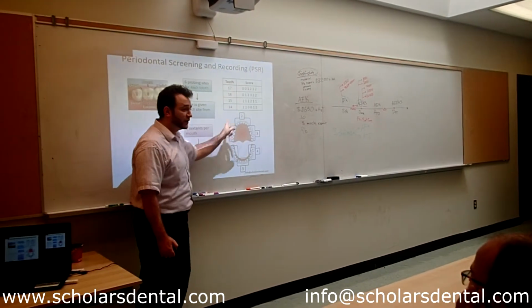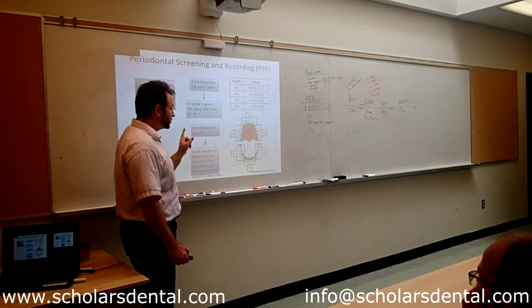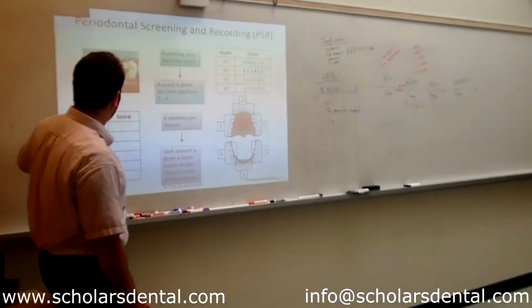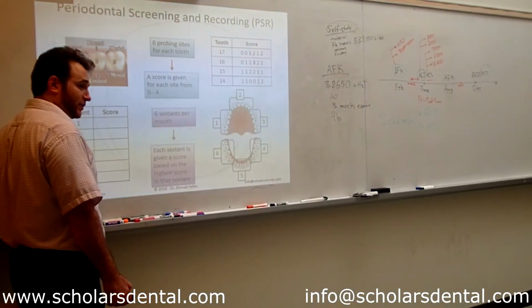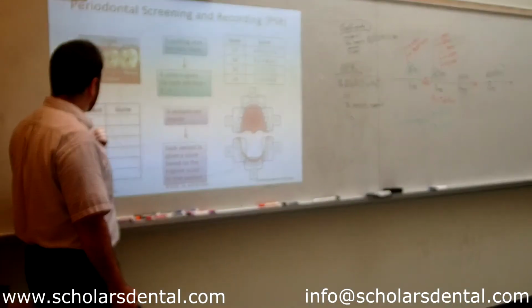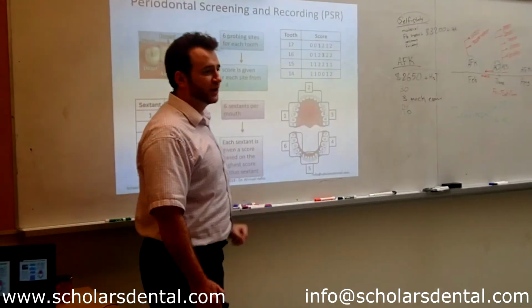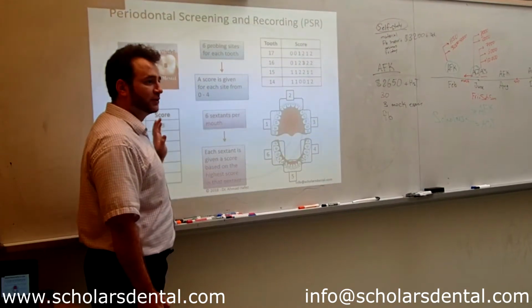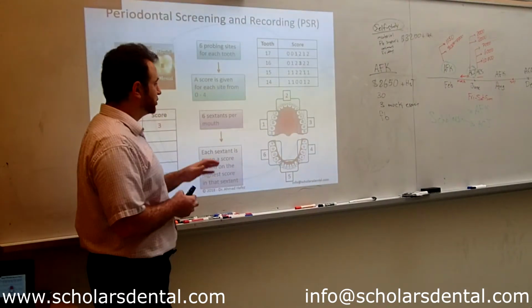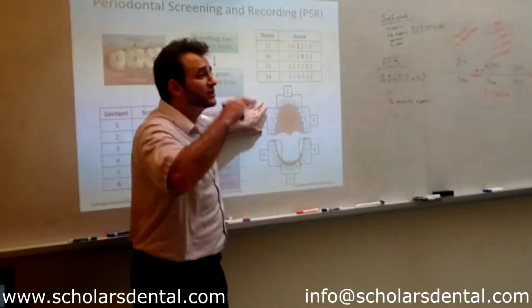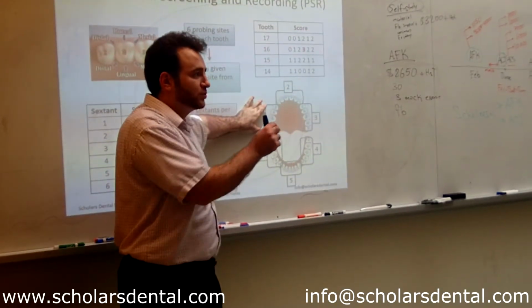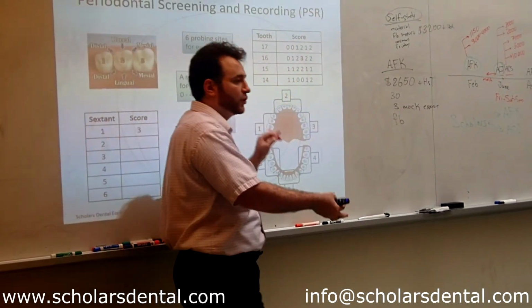So there's one score for each section. For section 1, the score is the highest score that you see in that section, which is 3. See how it works? Each section gets the highest score of the probing sites in there. Which probing site has the highest score? That's the score you record.